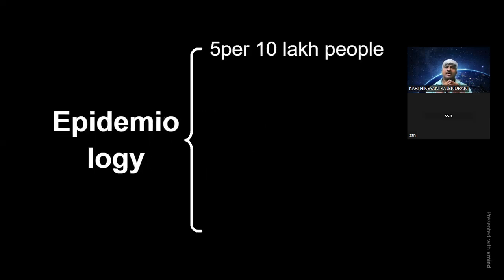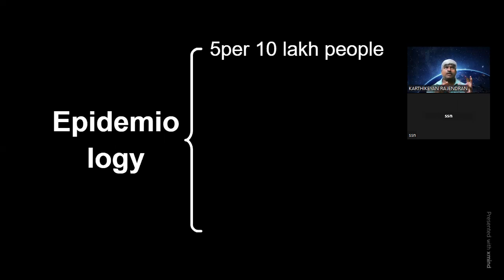Coming to the epidemiology, it affects 5 per 10 lakh people, and it is a female predominant disease. Females are most affected. The female to male ratio is 3 to 1, that is 2.2 to 3.